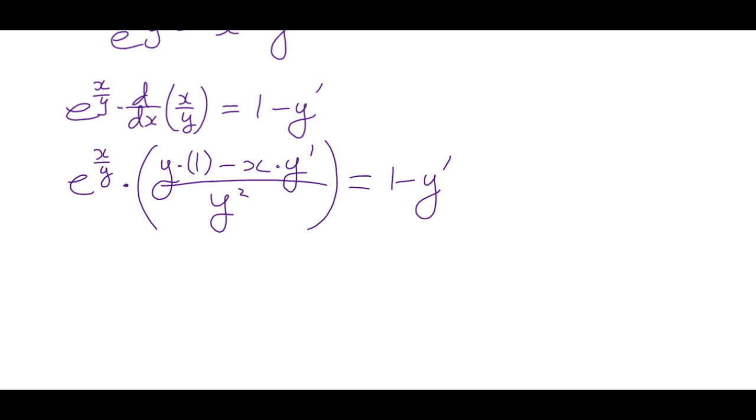So now we need to isolate the y prime, get them together on one side, factor them out and divide by whatever it is. To do that, we're going to have to multiply this into here, and to do that, we're going to have to split this up.